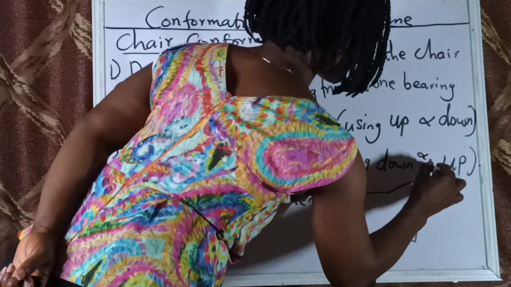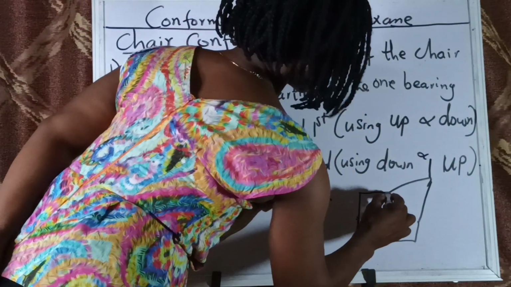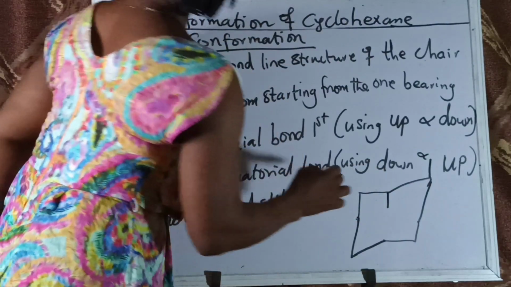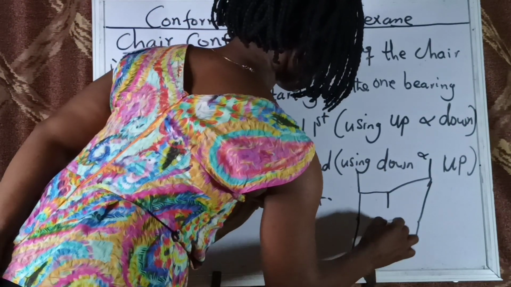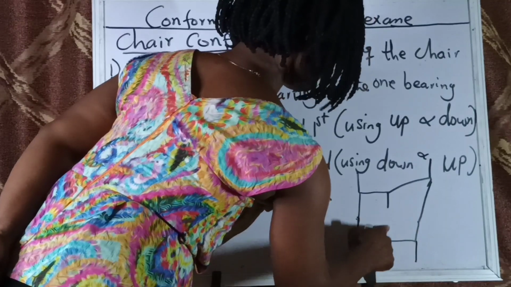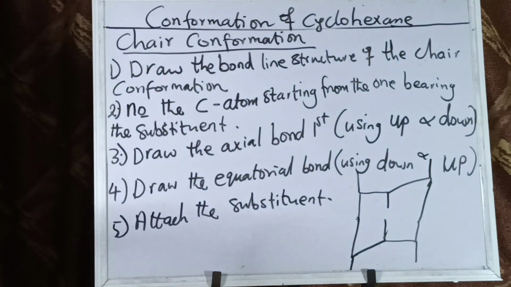This is an up bond, then this is a down axial bond. Up and down, up and down. Okay, so I have finished with the axial bond.